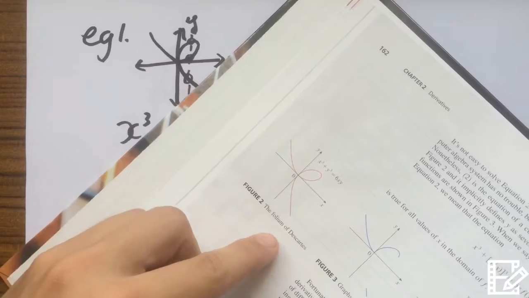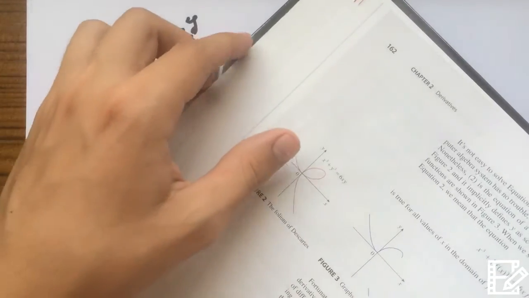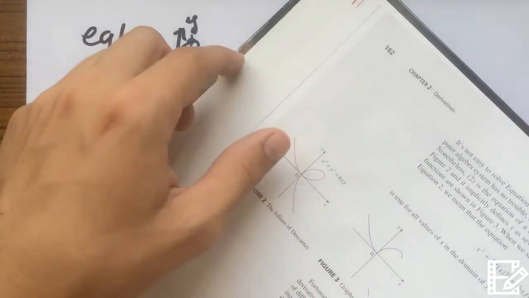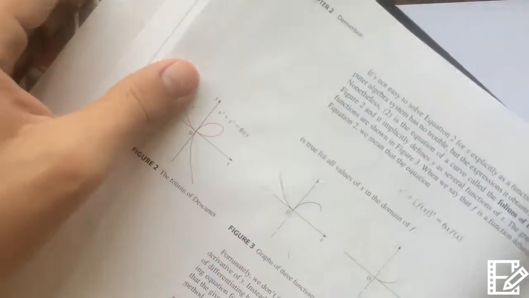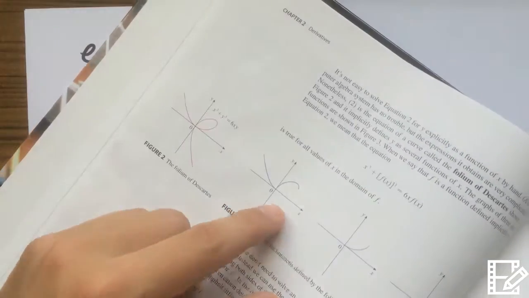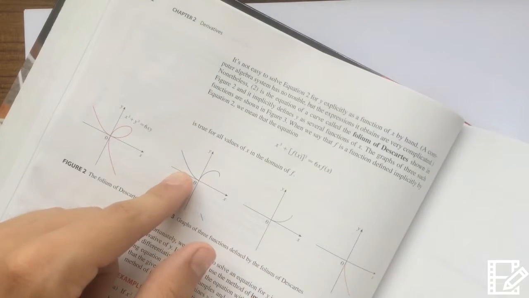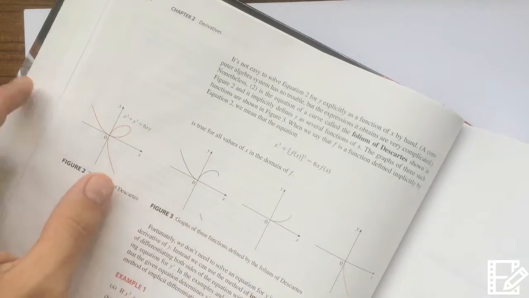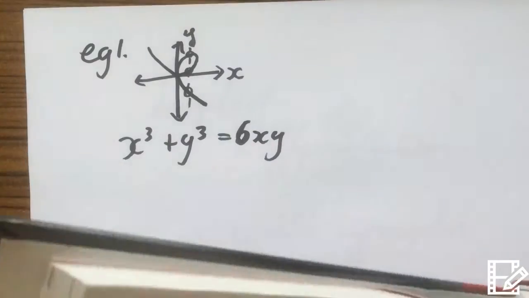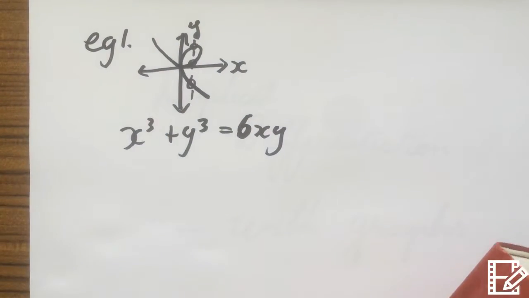It's called the Folium of Descartes. I think that's what it is. And it says that you can either do each bit separately, so when you do the vertical line test, it only hits a y value once, or you can do implicit differentiation the whole time.